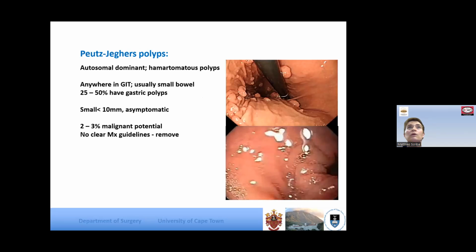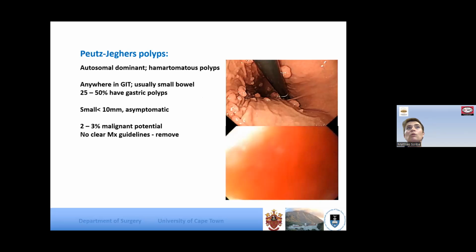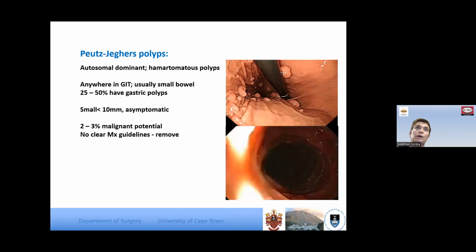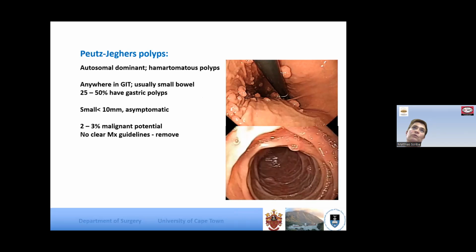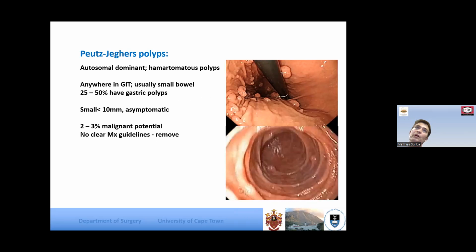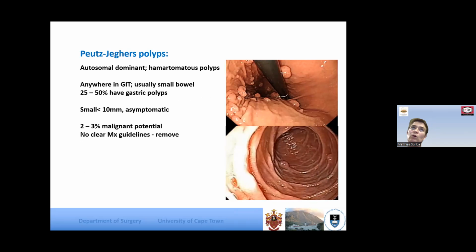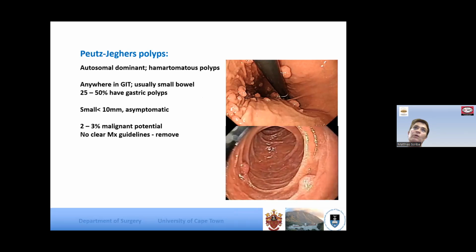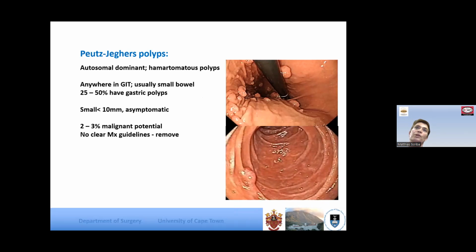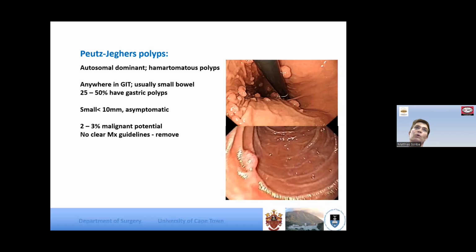In Peutz-Jeghers, as you will recall, an autosomal dominant situation, again, hamartomatous type polyps, they can occur anywhere. As they get larger, you may even, in the small bowel, present with intussusception type symptoms. In these patients, a quarter or half of the patients will actually have some gastric polyps, or on the video, you'll see them there in the duodenum, quite small.